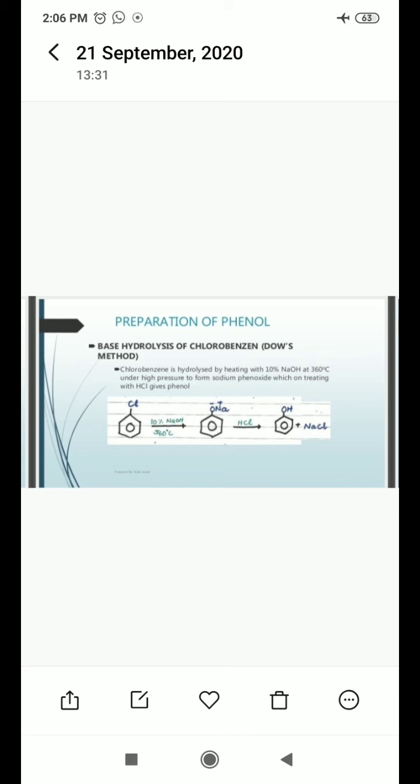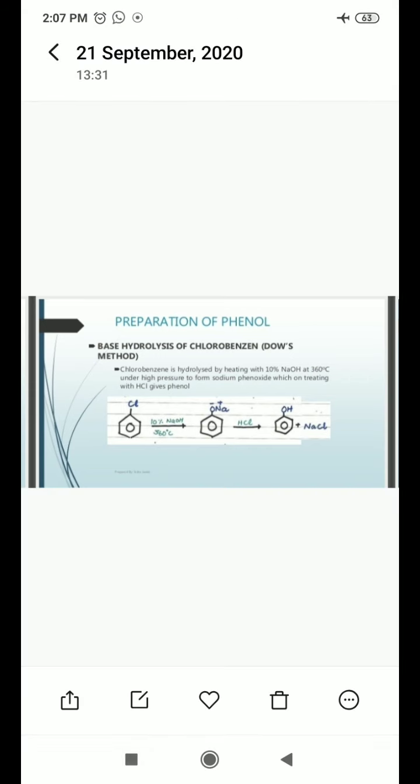The next is base hydrolysis of chlorobenzene, which is known as Dow's method. You should keep in mind which starting materials are used in these methods, as this type of question can be asked in your GPAT examination.